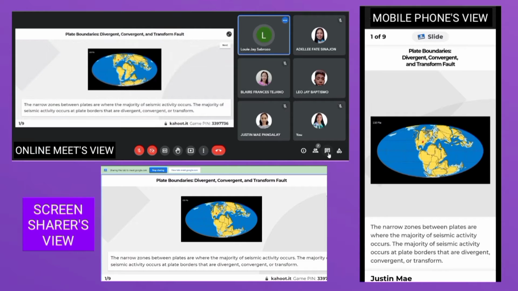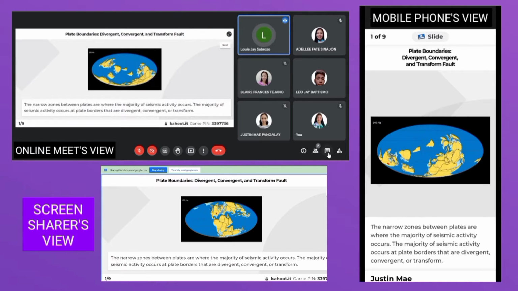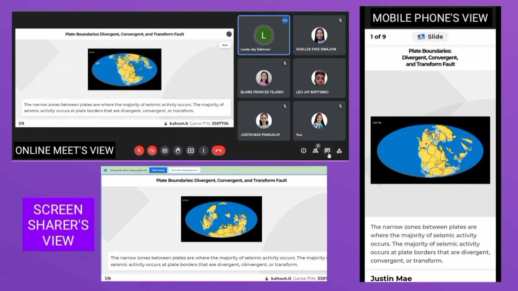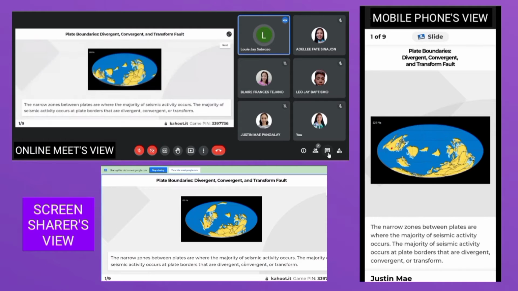While in other locations, plates move toward one another in a slow motion collision, forming mountains. Then at others, neither crust is created nor destroyed. So there are three types of plate boundaries, namely the divergent, convergent, and transform fault.